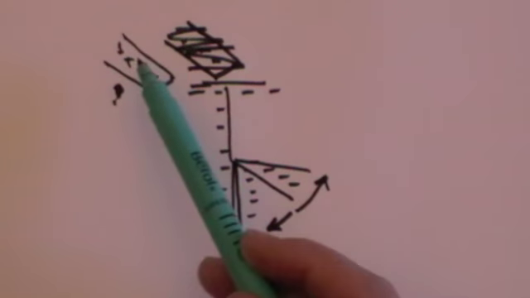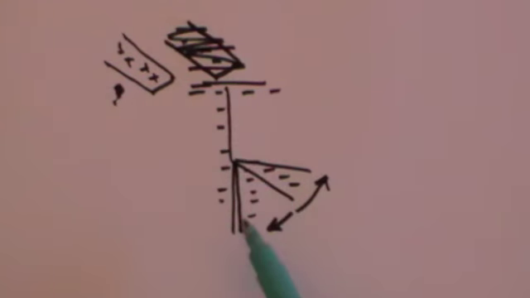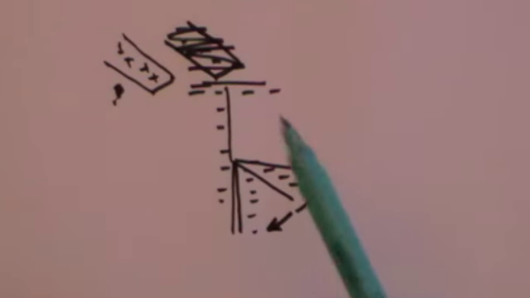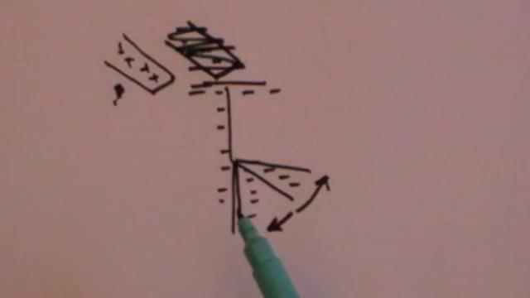So if you bring a rod towards the gold leaf electroscope but don't touch it, and that causes the gold leaf to move further up, that means that the rod is negatively charged because it's driving more electrons down here and thus increasing the force between the rod and the gold leaf.